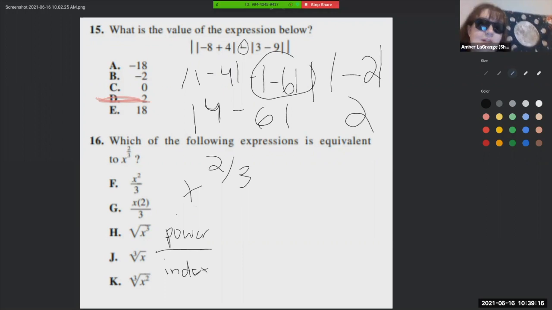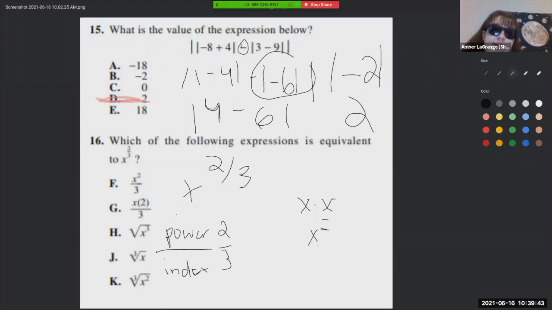Now what's a power and what's an index? A power is what you are raising your variable to, and in this case, x to the second power. Like we said, power over index, so our power is 2, and our index is 3. So basically we're saying x times x, or x squared.